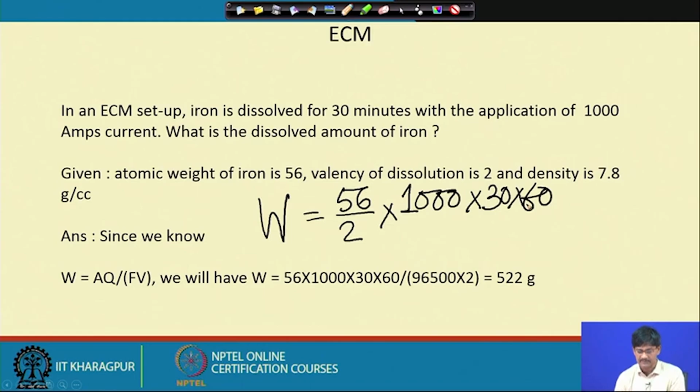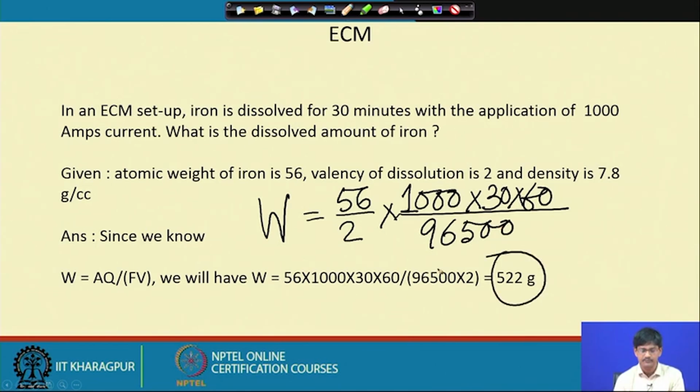Once we have this, so 56 by 2 into this thing divided by 96500 Faraday's constant. So, this one after calculations will give you 522 grams of iron. Just imagine you are able to dissolve about half a kg of iron by applying this current for 30 minutes. Next.